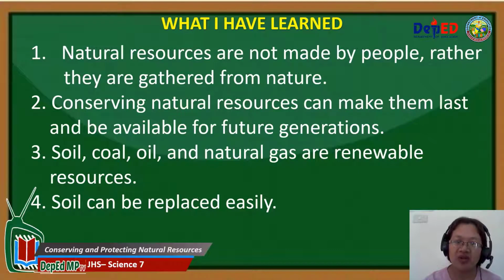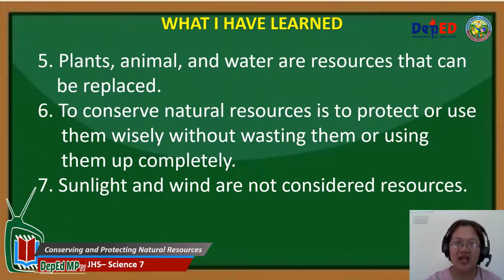Soil, coal, oil, and natural gas are renewable resources. 4. Soil can be replaced easily. 5. Plants, animals, and water are resources that can be replaced.